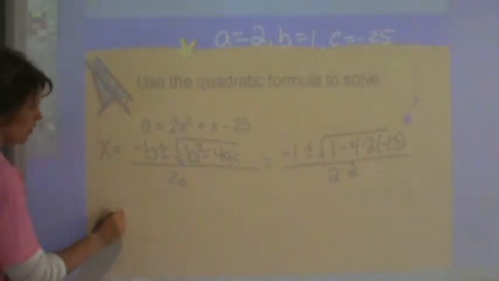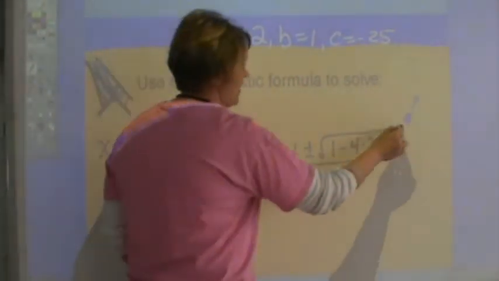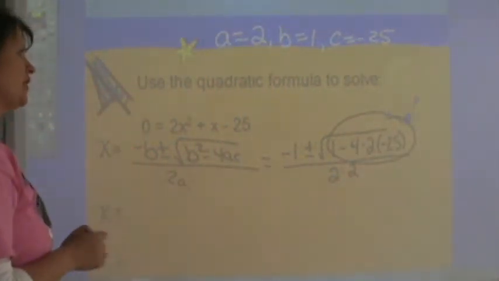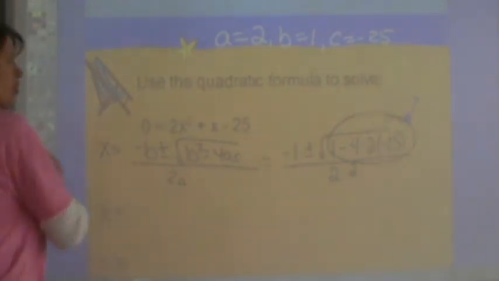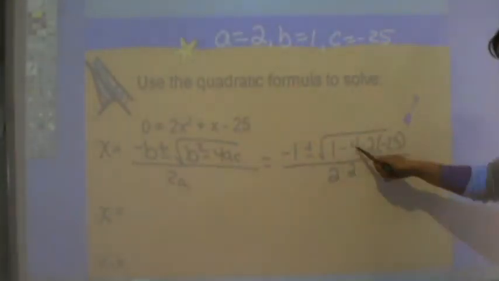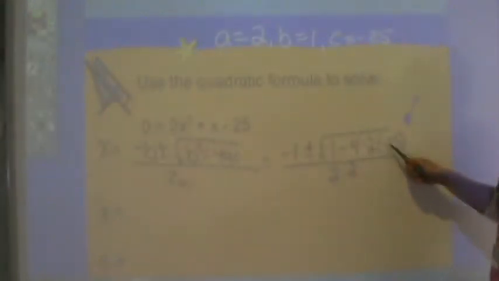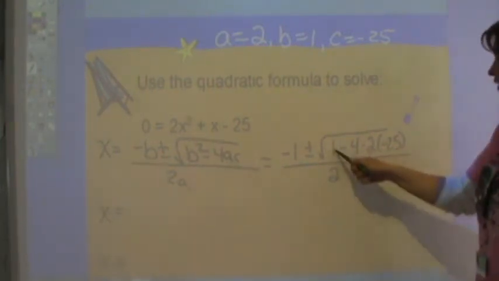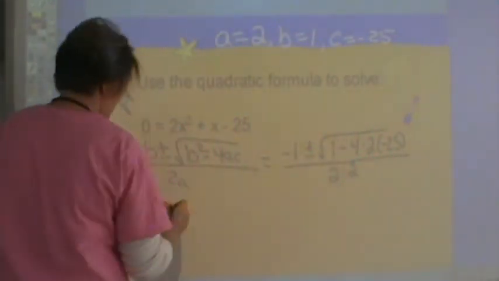Okay, so first we're going to simplify this. You could use a calculator to do that. But basically we've got 4 times 2 is 8, times 25 is 200, plus your 1, so it's the square root of 201.